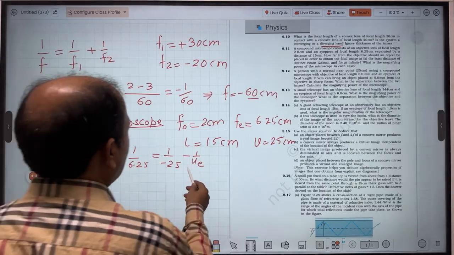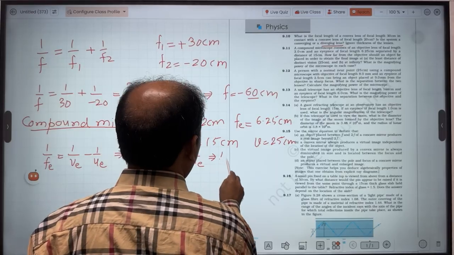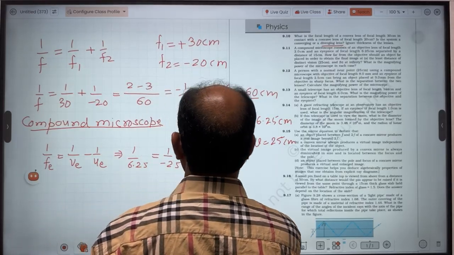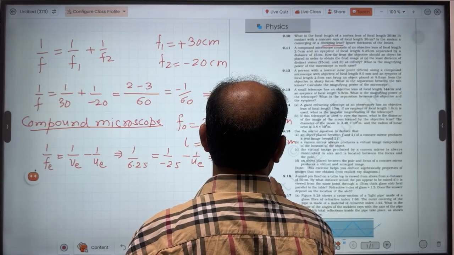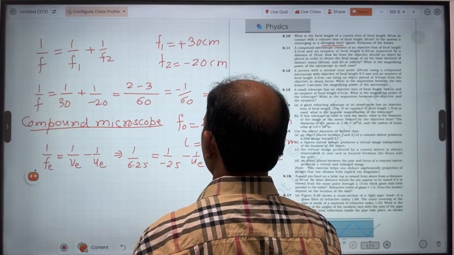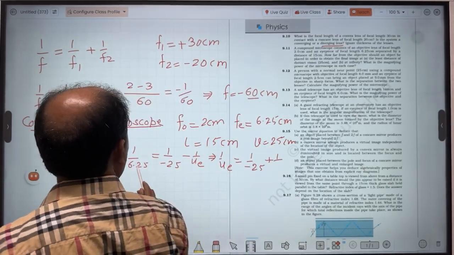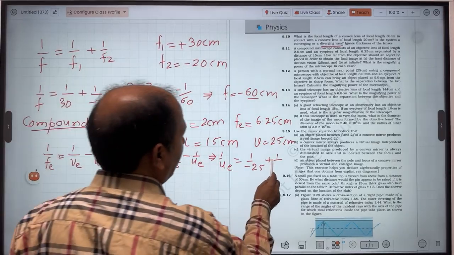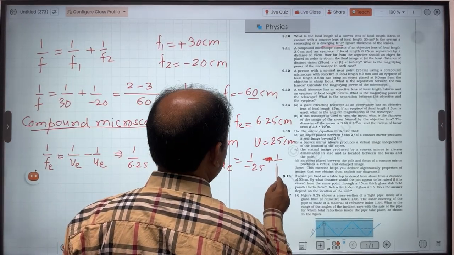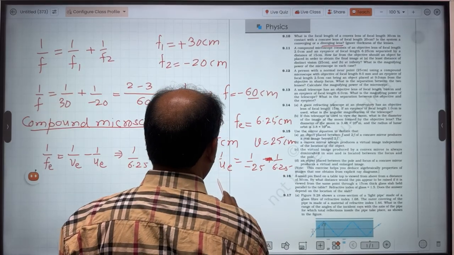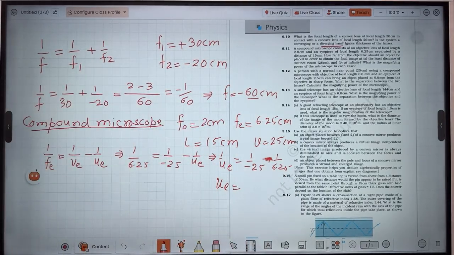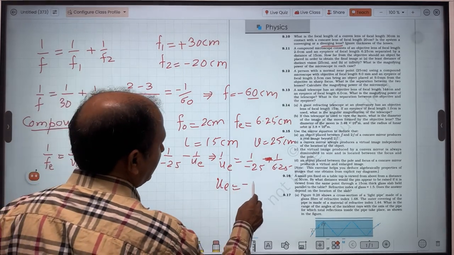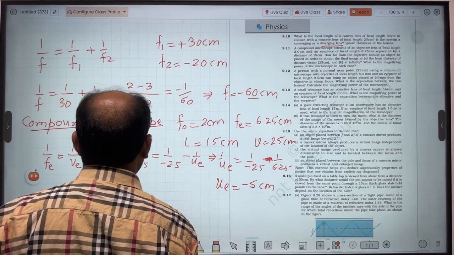We can take this UE to this side. So 1 upon UE is equal to 1 upon minus 25, this will go to this side, so this will again become minus, minus 1 upon 6.25. So we can evaluate it. This will come out to be minus 5 centimeters.